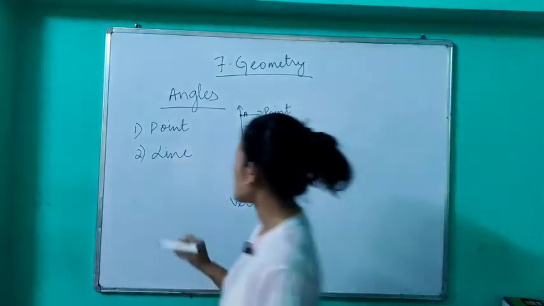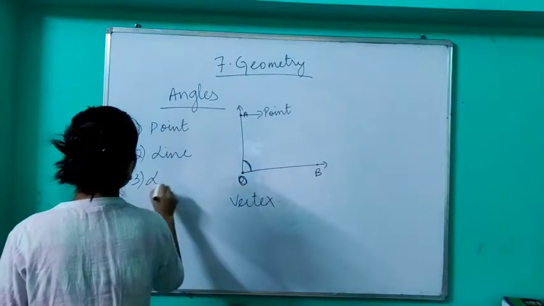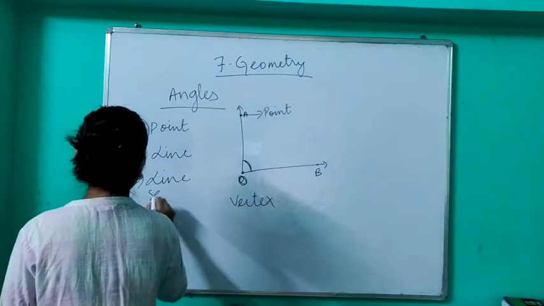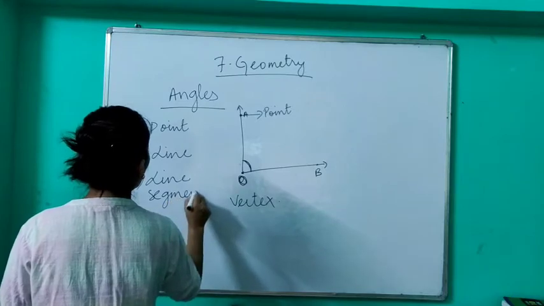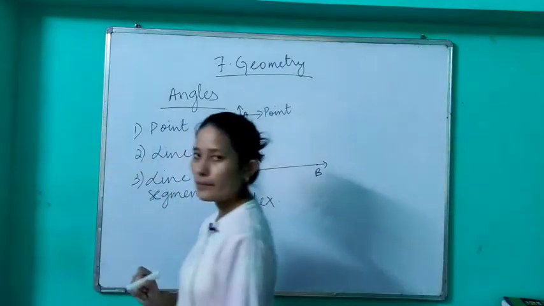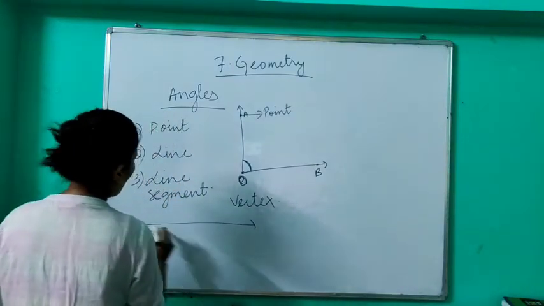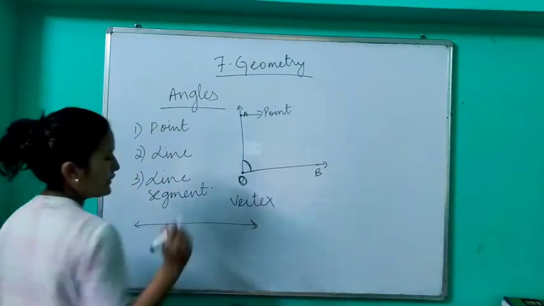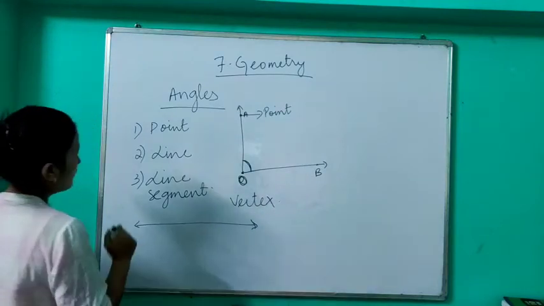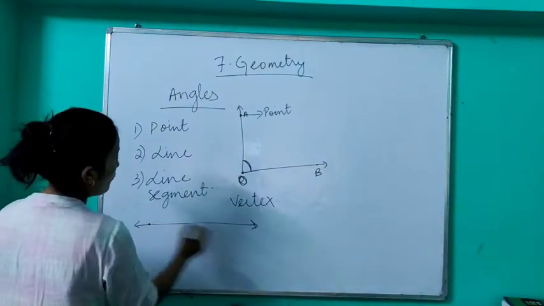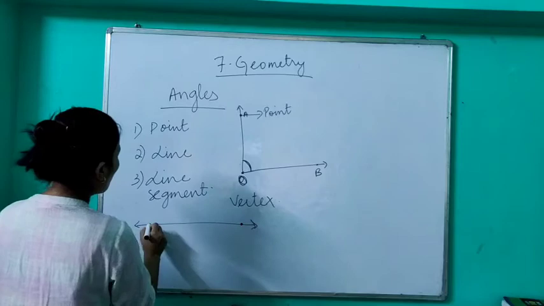Okay. Now next is your line segment. Line segment means, let us assume this to be a line. This arrow indicates that it's infinite. So you have to fix points which will give you a fixed measurement.